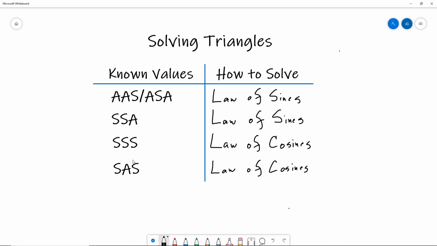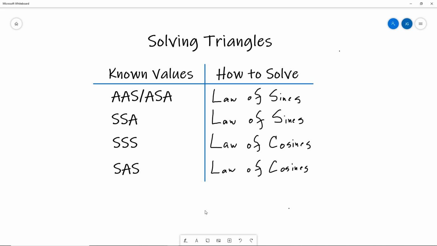We can't solve the proportion if all we have is one A value, one B value, and one C value, whether it's the length of a side A or the measure of an angle A. We need to have, at least for one pair of those, both the side and the angle measure in order to use the law of sines. When we don't have that, then we have to use the law of cosines.